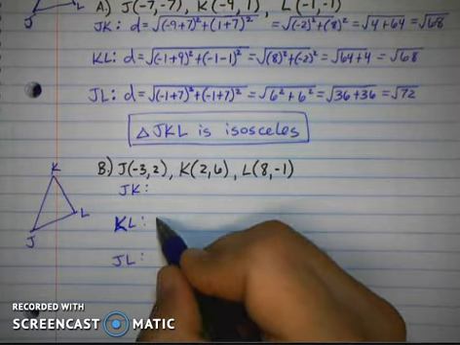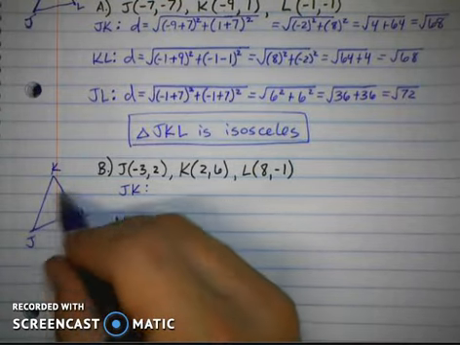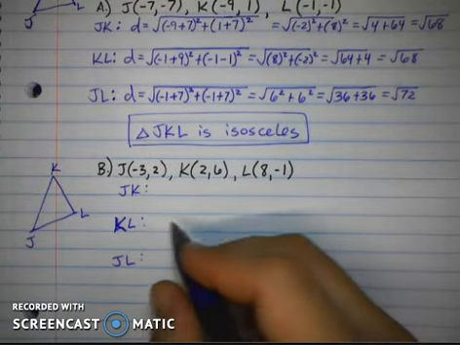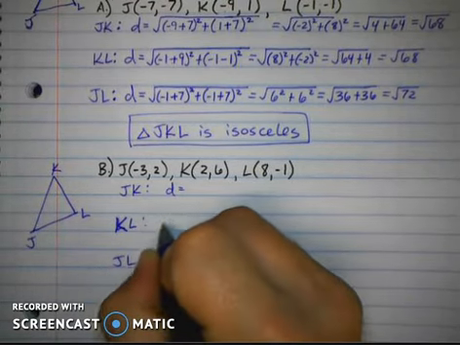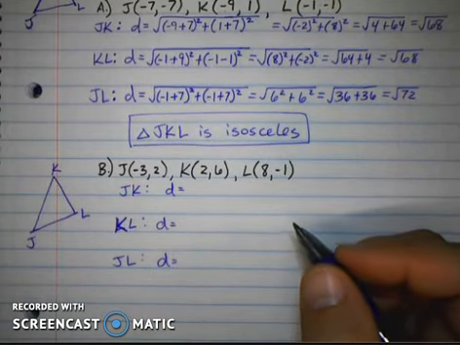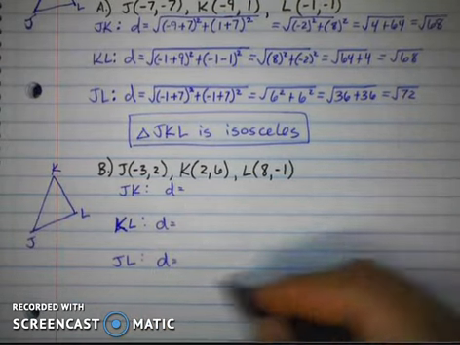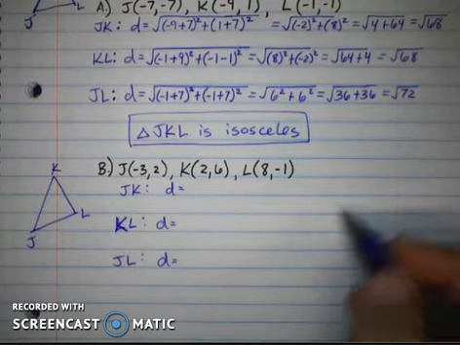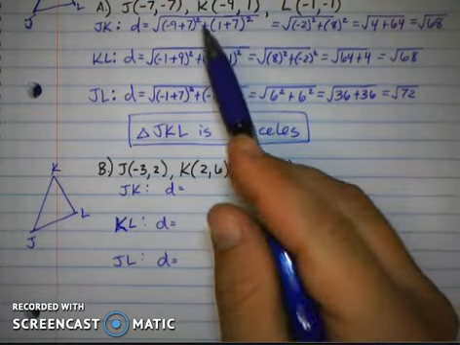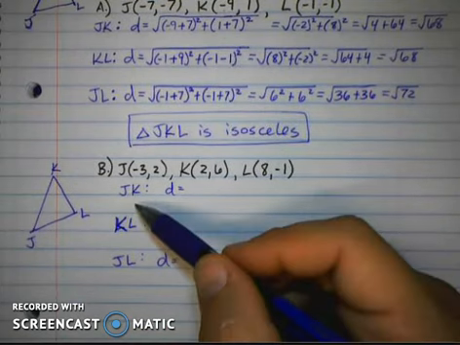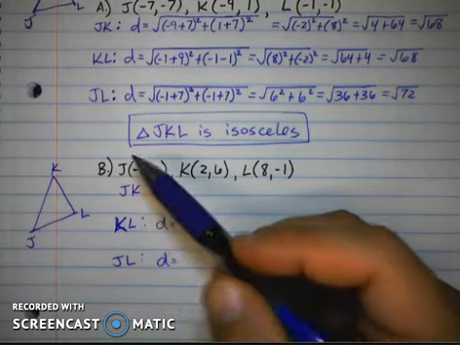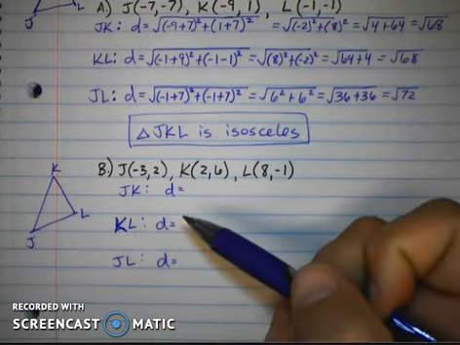If we have three different lengths here, then that means all three sides are different, they're not congruent, then it's scalene. So I want you to find those lengths of each one, and then bring them to class. We will go over the answers to this problem in class together. I'm not going to complete it in the video. I want you to try and use your distance formula just like we did on the previous example to find JK, KL, and JL, find those lengths, and classify this as either equilateral, isosceles, or scalene.